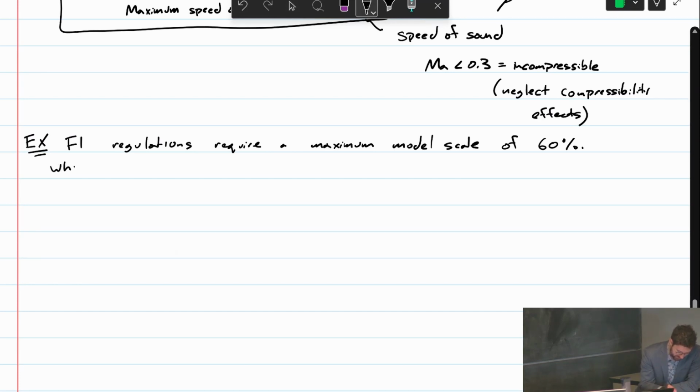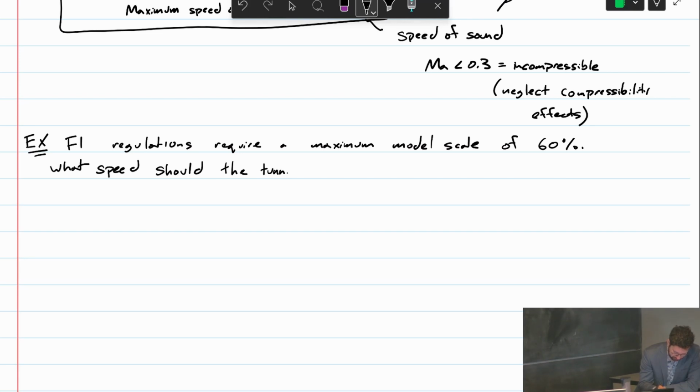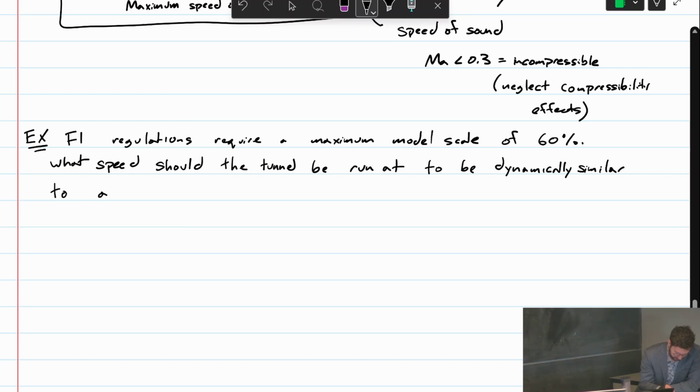So let's see what speed the tunnel should be run at to be dynamically similar to a full scale car at 200 kilometers an hour.